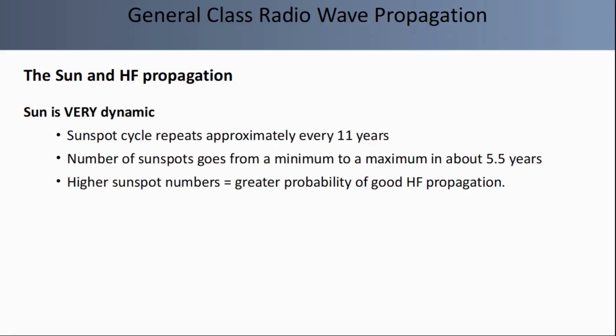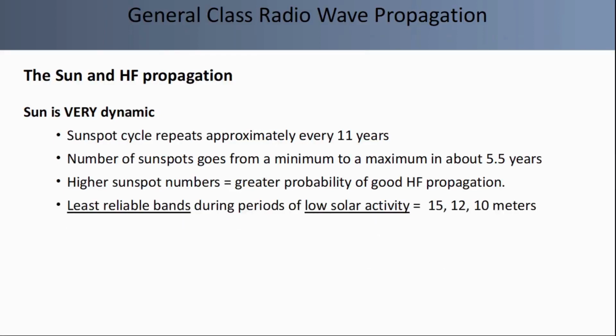The sunspot numbers, higher sunspot numbers, generally represent a greater probability of good HF propagation. There's no guarantee, but higher sunspot numbers, greater probability of good HF propagation.